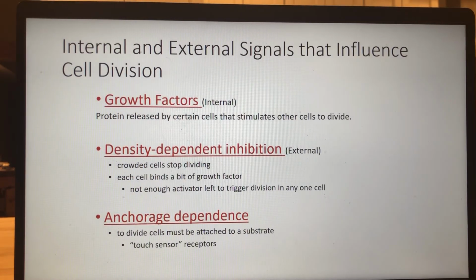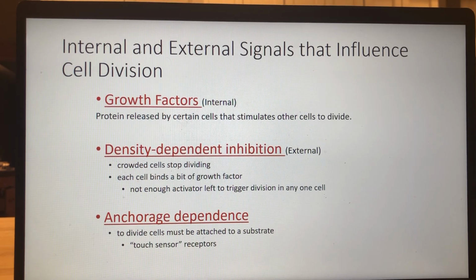All right. Now, these are examples of two external signals and then an internal signal. The internal signal that influences cell division would be growth factors. Those are proteins released by certain cells, and they stimulate other cells to divide.